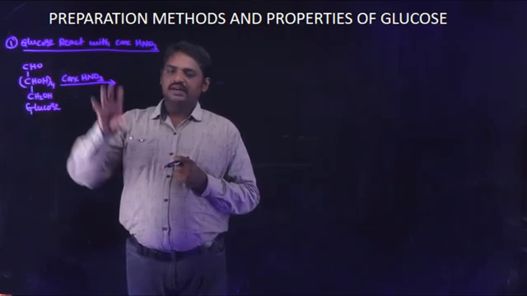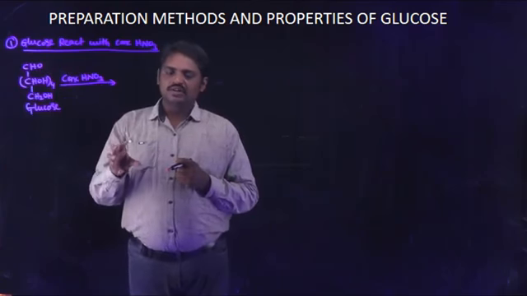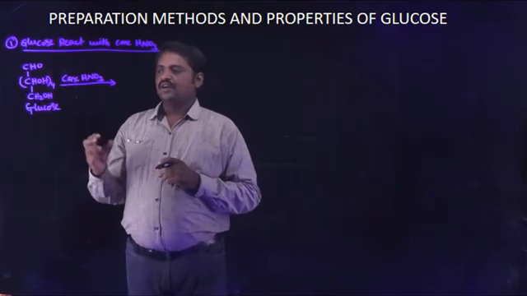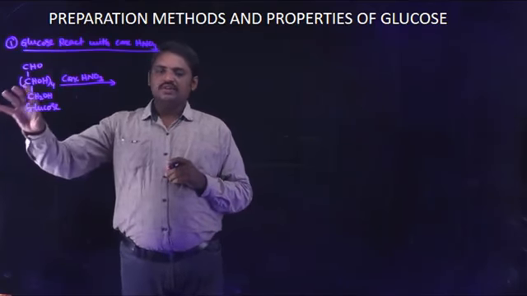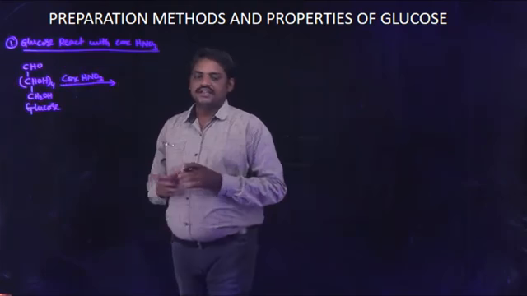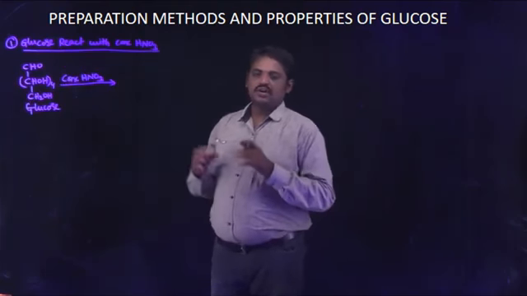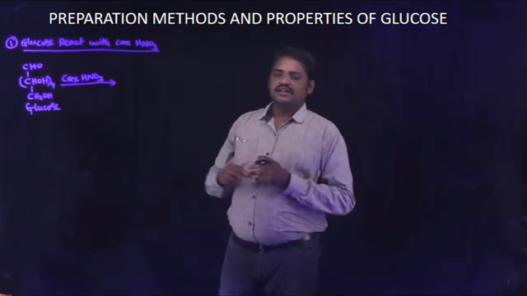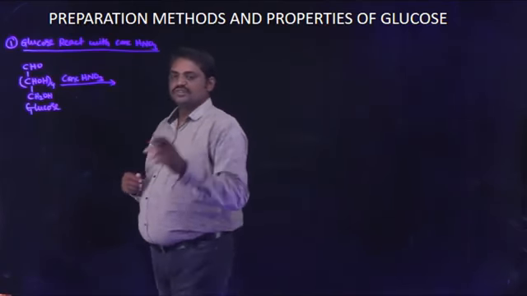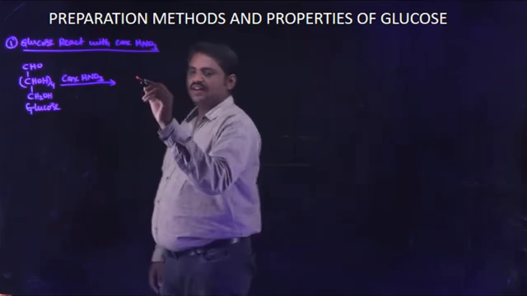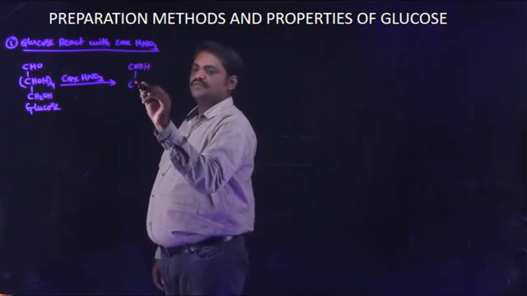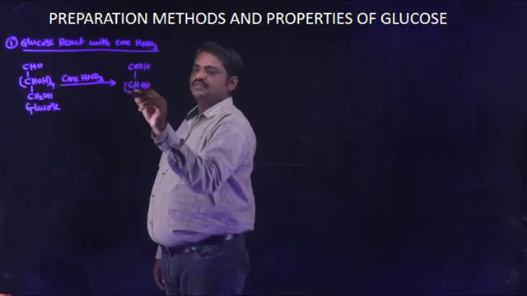Glucose reacts with a mild oxidizing agent like bromine water and is converted to gluconic acid. That is one way. Another way is the same molecule glucose reacting with a strong oxidizing agent like concentrated nitric acid. It is converted to saccharic acid. The structure of saccharic acid is this one.